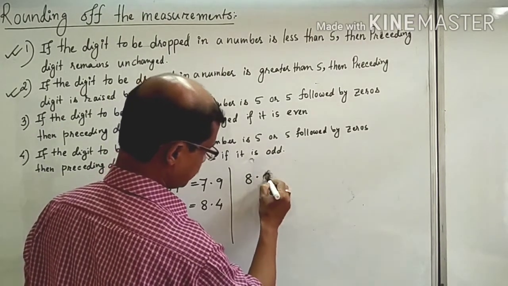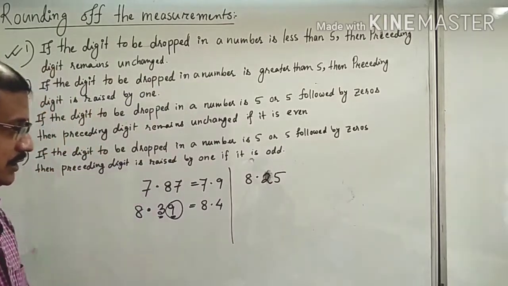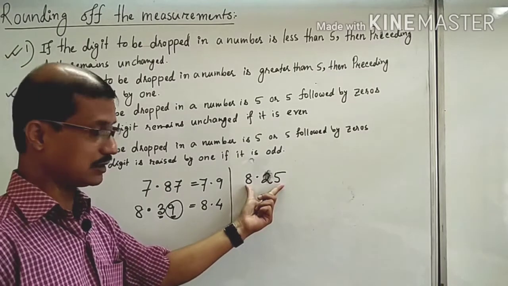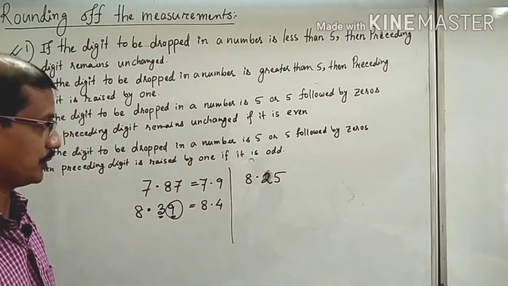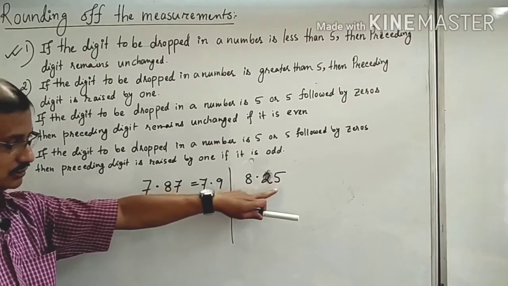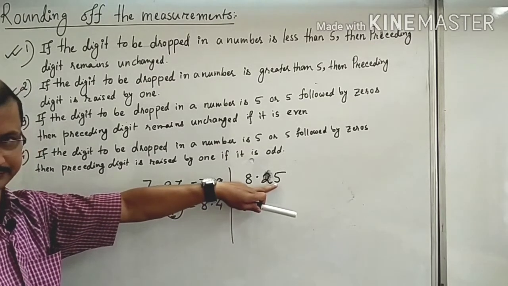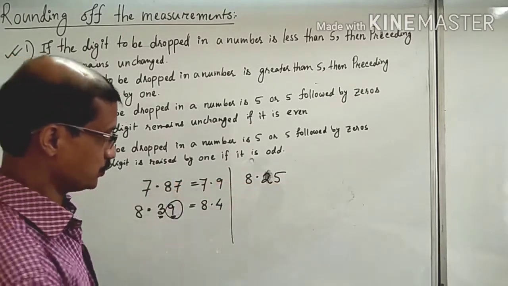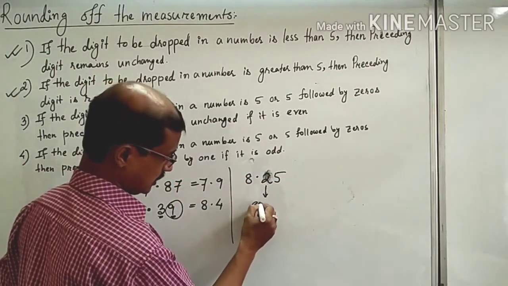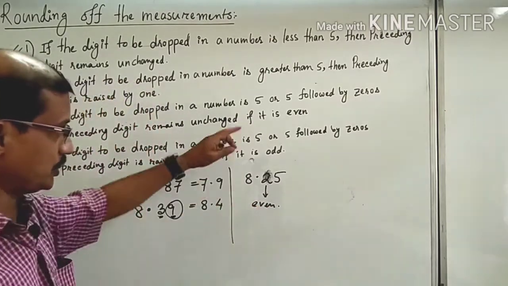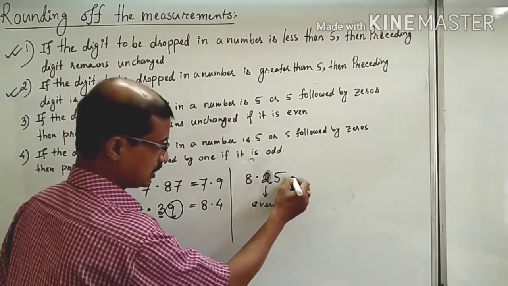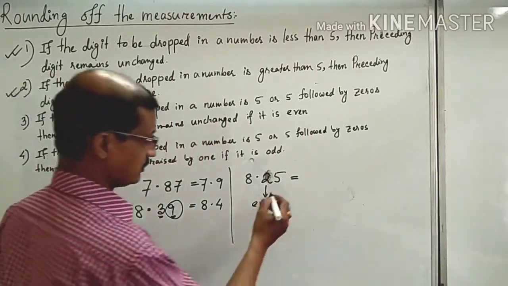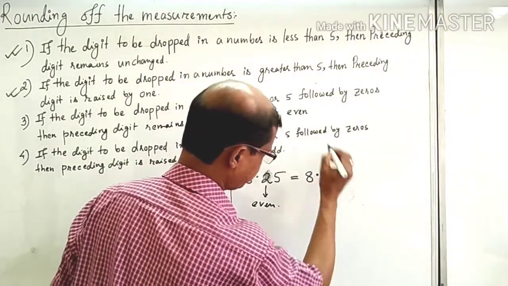Here the digit to be dropped is 5, the preceding digit is 2, which is an even number. According to this rule the preceding digit remains unchanged, so we write 8.2.